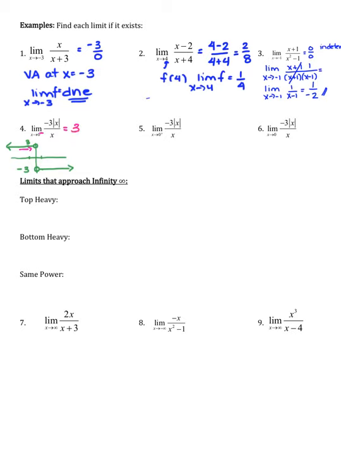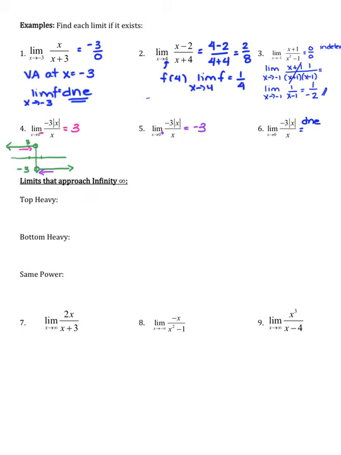It's a +3. Again, your answer is the y value. As I'm approaching from the right, from the positive side, what's my limit? It's a -3. So what is the overall limit? Does not exist because those two limits are not the same thing. All right.